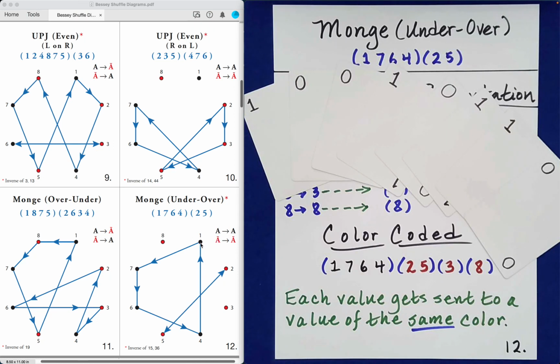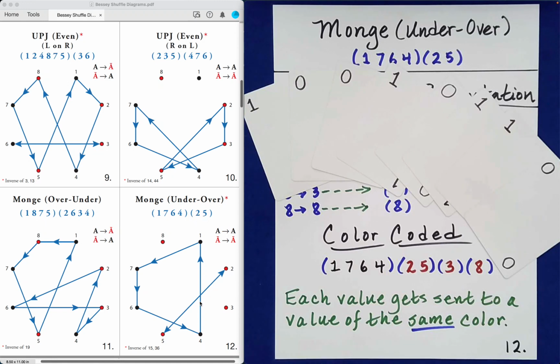And then if we follow our diagram right here in cycle notation, 1 7 6 4, that means that 1 gets sent to 7, which gets sent to 6, which gets sent to 4, and 4 gets sent back to 1. So that is a 4-cycle. It's also called an orbit. And then we have 1 transposition.